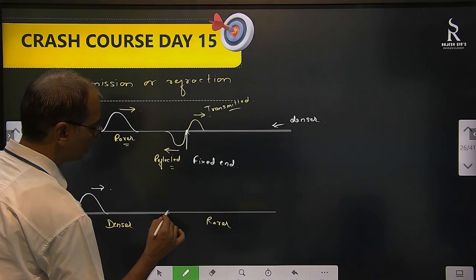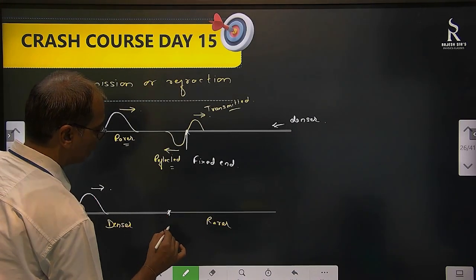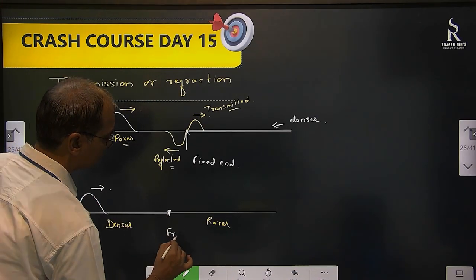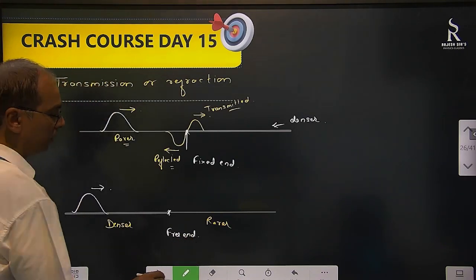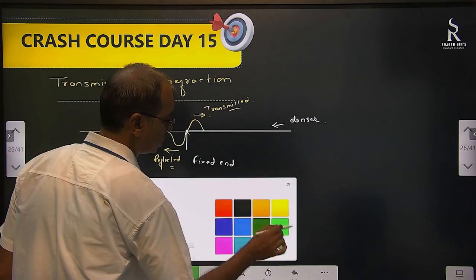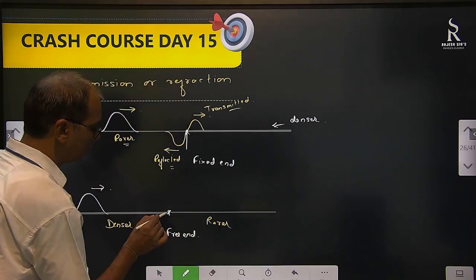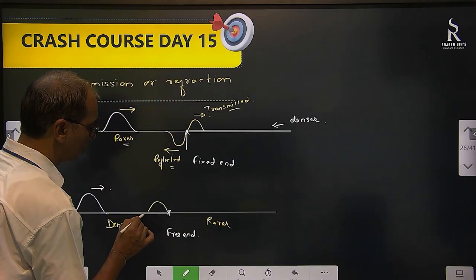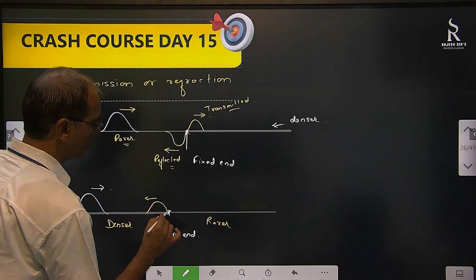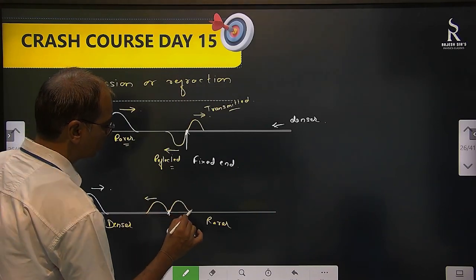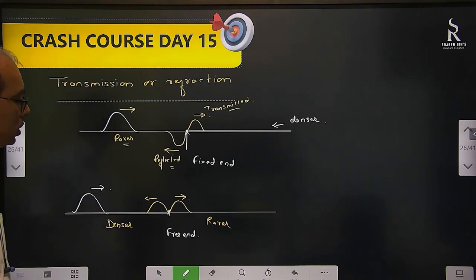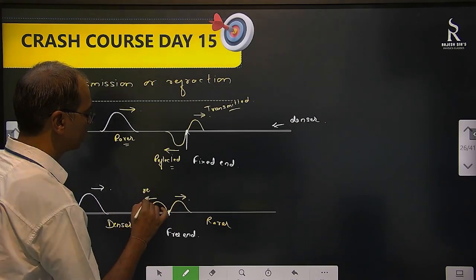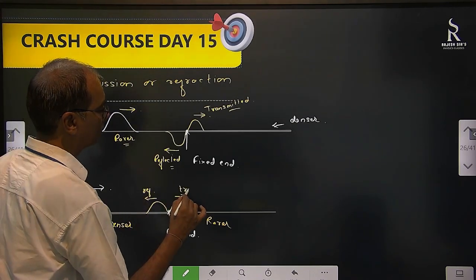This is the junction. So this junction here acts like a free end. Free end means the reflected wave also has no change in phase. The reflected one is also going in this way, and the transmitted one also. This is the reflected one, this is transmitted.